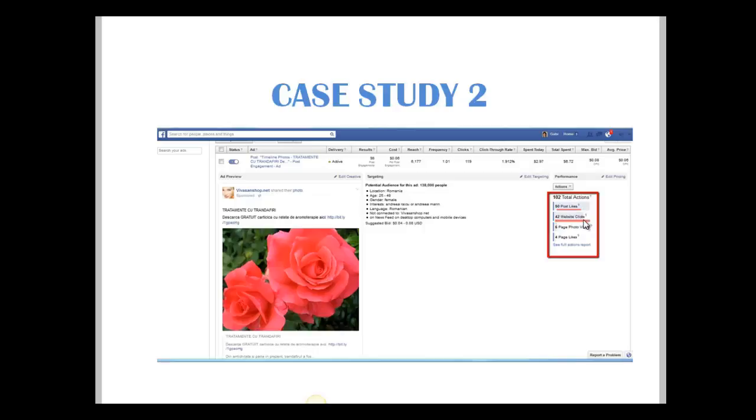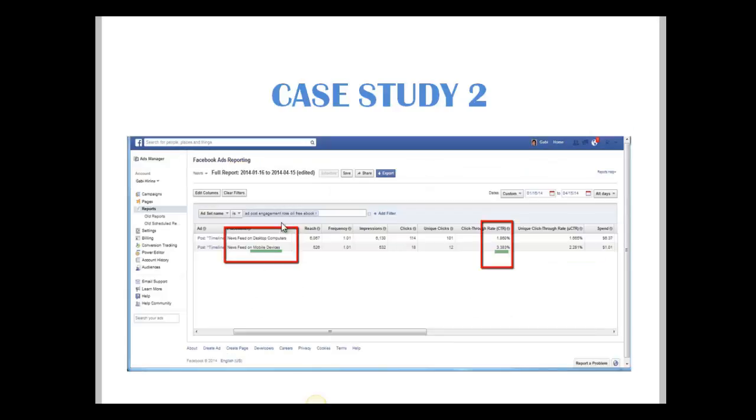So I get fewer website clicks here, 6 page photo views and 4 page likes. On the next page, I'm checking the report and I get again a bigger click-through rate on the newsfeed on mobile devices, and a bigger reach on desktop computers. So both are okay for me. I like them both, so I stayed with both.